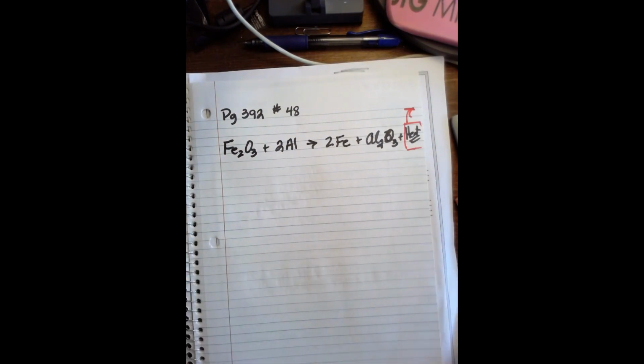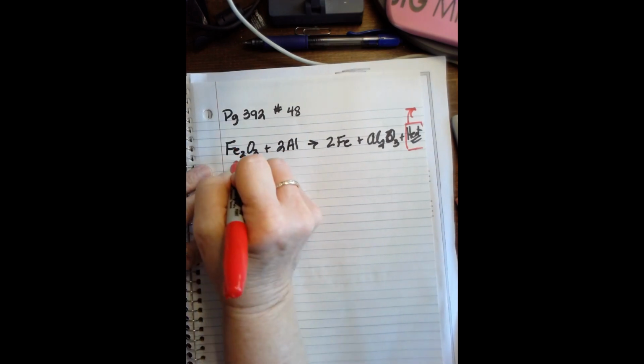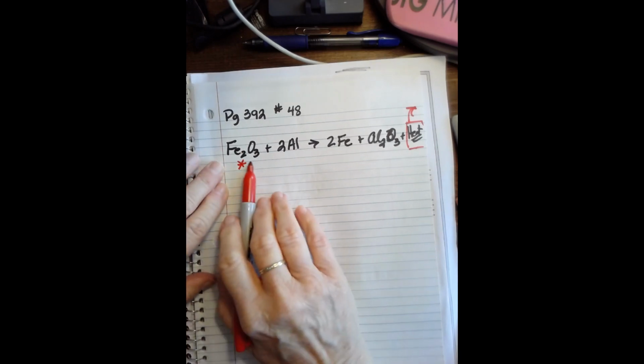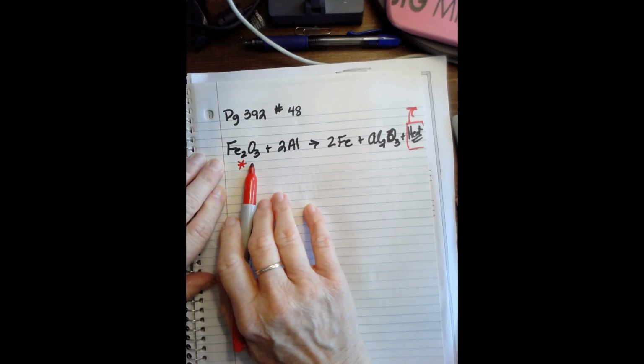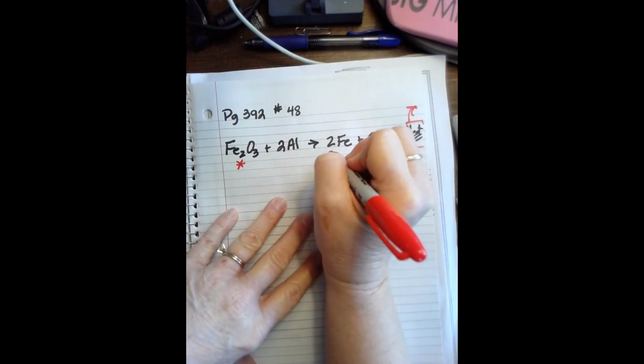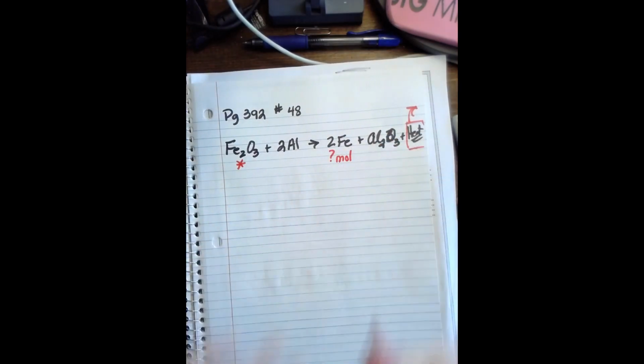So the question here then is, it's not asking us for a specific number. It asks us if we know something about iron 3 oxide, what mole ratio would we write to find out how many moles of iron? So this is really just asking us for the mole ratio that would solve this problem.